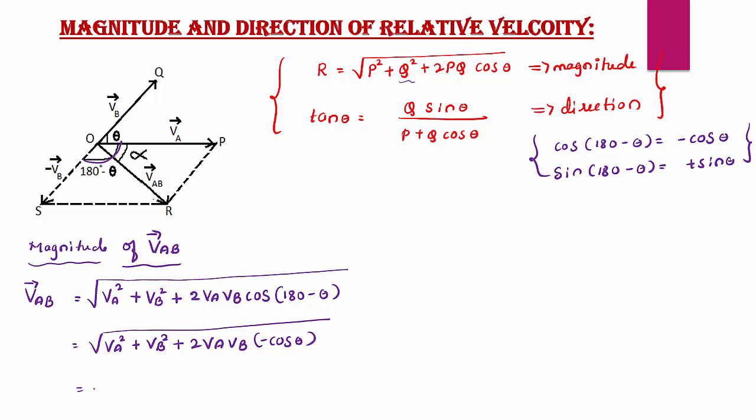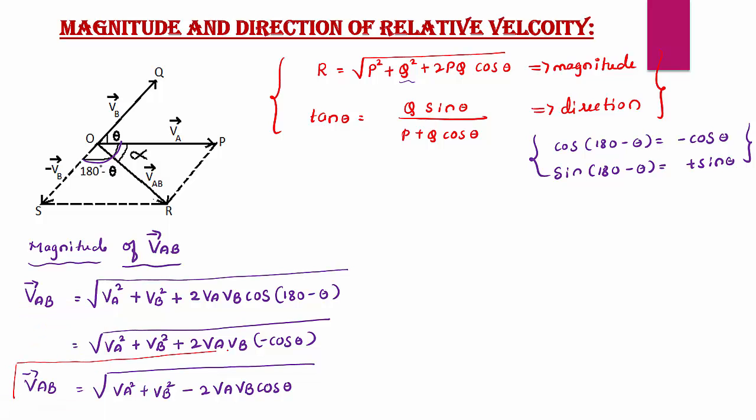Or we can write it as square root of VA square plus VB square plus, into minus will be, minus 2VA VB cos theta. So this is the expression for the magnitude of relative velocity. What is the expression here? Vector VAB is equal to square root of VA square plus VB square minus 2VA VB cos theta. This gives the magnitude of relative velocity vector VAB.